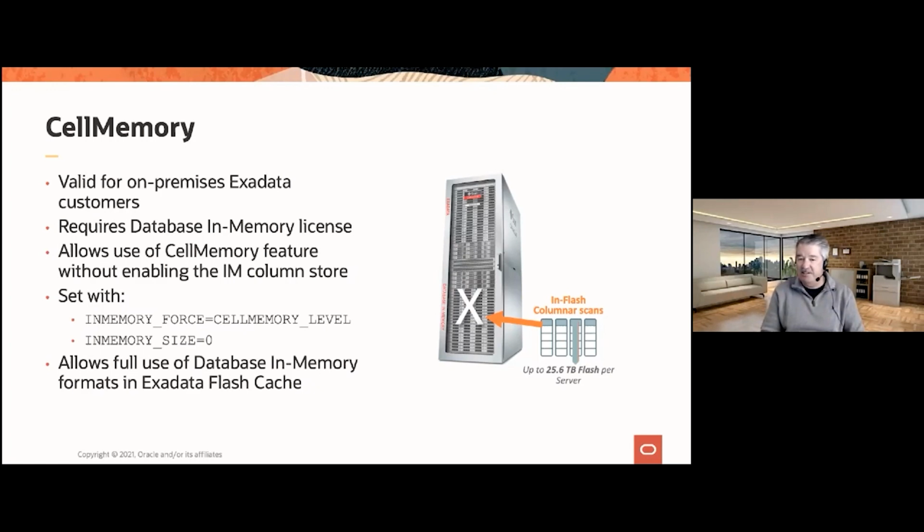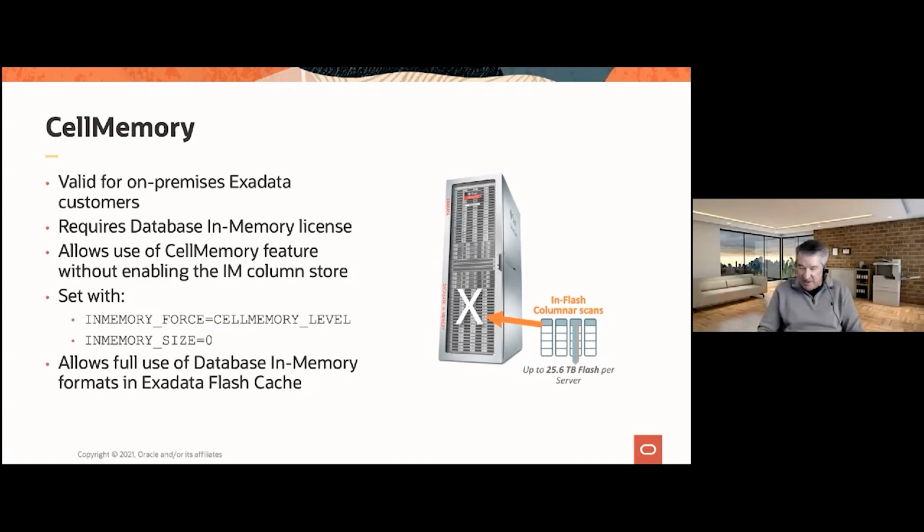That's an interesting feature that probably isn't going to get noticed too much. But for Exadata customers who don't want to allocate a column store, but still want to take advantage of Database In-Memory, vector group bys, Bloom filter pushdowns with their hash joins, and those formats in Flash, they can do that. So that's more of a minor feature, but I thought I'd highlight it because it is there in the documentation, and folks might not be aware of it.